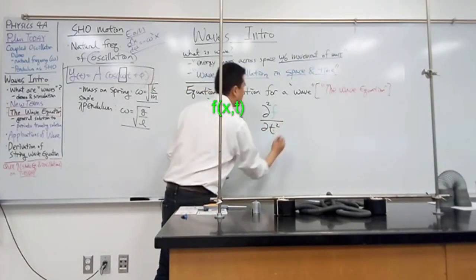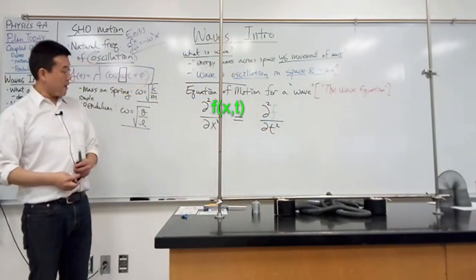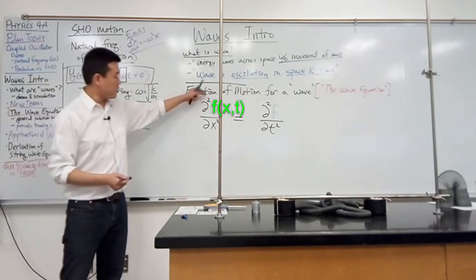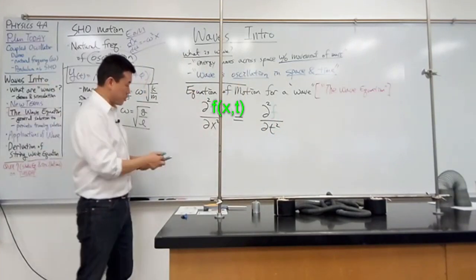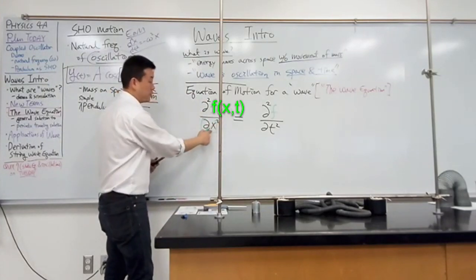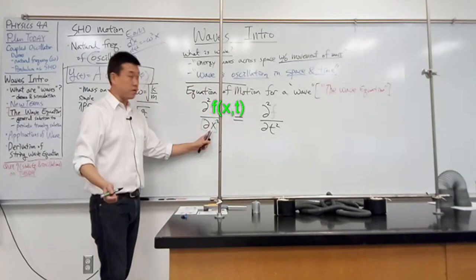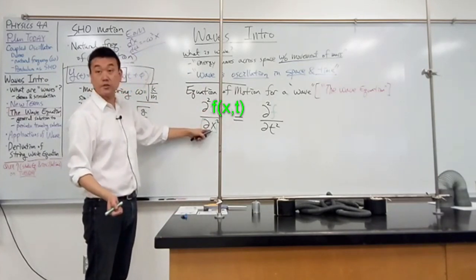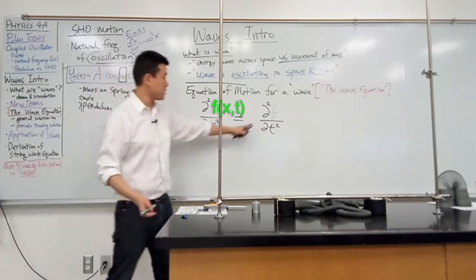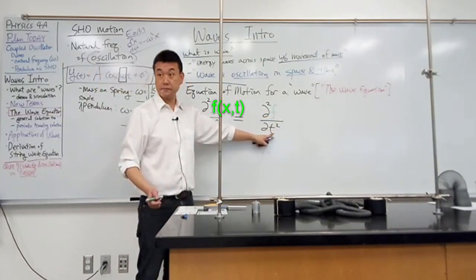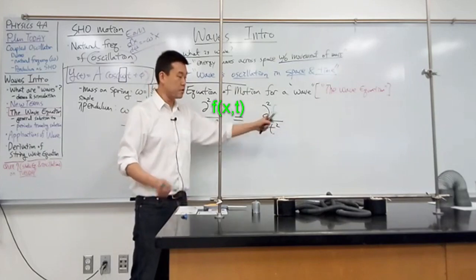Double derivative in time. And then it's going to need a constant, because each time you take the derivative, this reminds you of a unit. This gives you the unit of position, so it's whatever unit the function is in divided by meter squared. This is whatever unit the function is in divided by second squared. So you can't say these two are equal to each other.